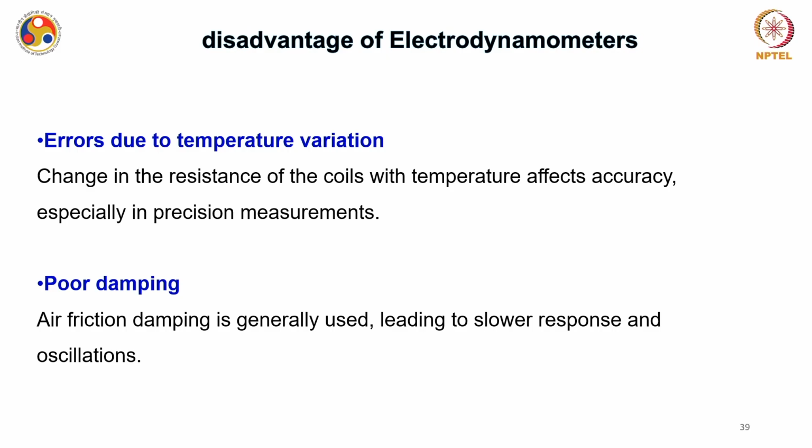Okay. Another source of error is the temperature variation. We have seen that a change in the resistance of the coil with temperature affects accuracy, especially in precision measurements, and the damping in this kind of instrument is usually provided by air friction. Okay. When you have air friction damping, it slows down your response, and you may also observe certain oscillations.